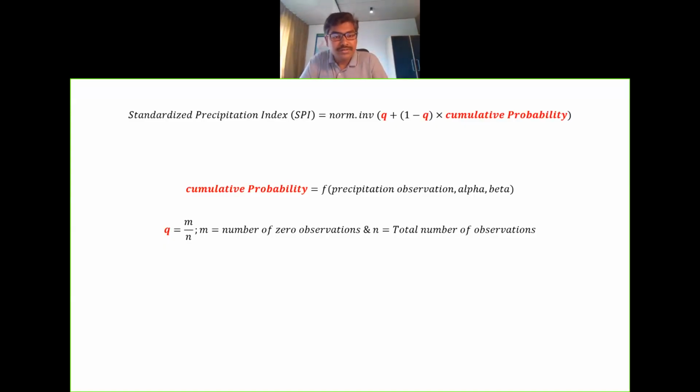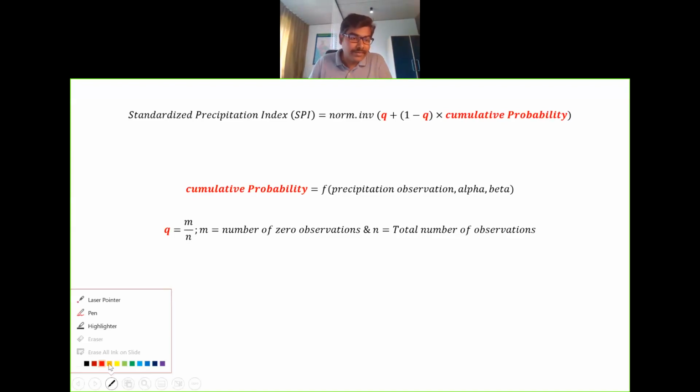And Q is equal to M by N, where M is the number of zero observations and N is the total number of observations.